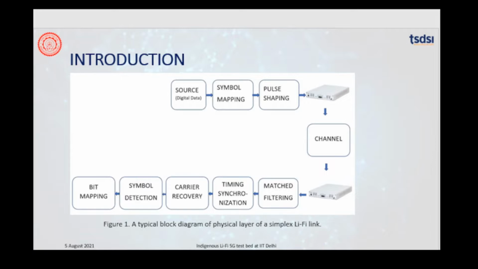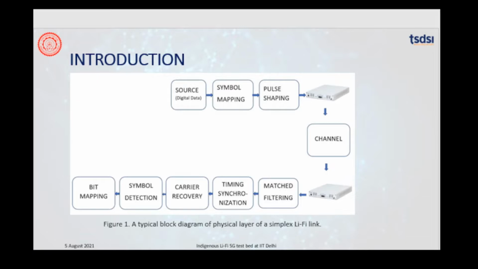In the transmitter, the source will generate the digital data in the form of bits, and these bits are mapped into the symbol depending on the modulation scheme we have used. And in order to avoid inter-symbol interference, pulse shaping is used. For this demo, we have used a root raised cosine filter as a pulse shaping filter.